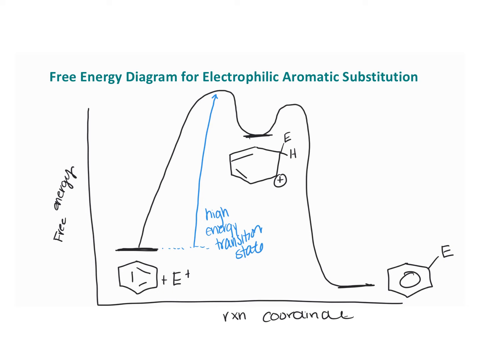Okay, so resonance allows this to happen. So a few other things about this. This step 1 here, because it's a high energy transition state, is also the rate determining step.